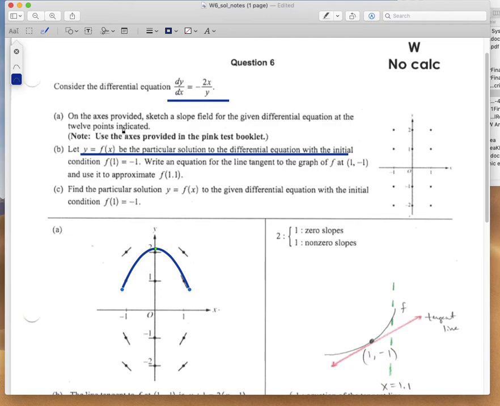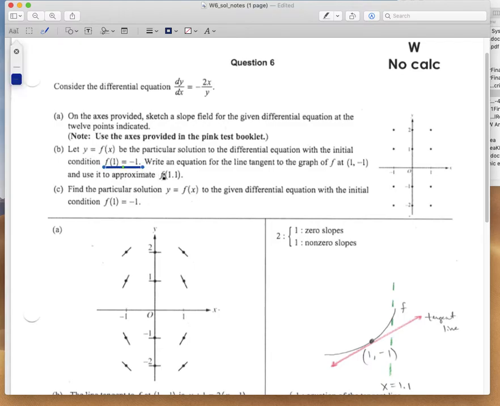That would be part of the solution curve to one of the functions that solves this differential equation, one of the functions that has a slope that's equal to this thing at every point that it goes through.